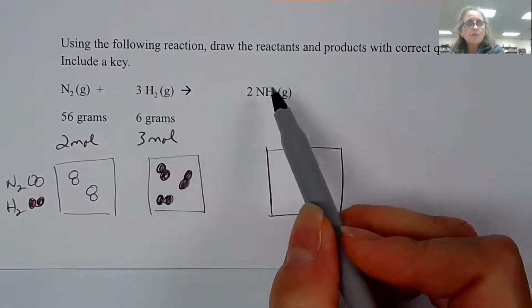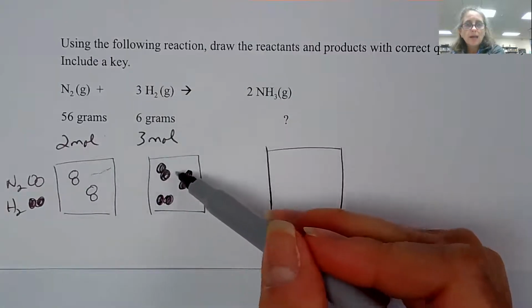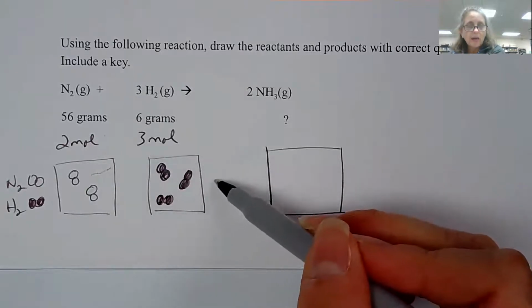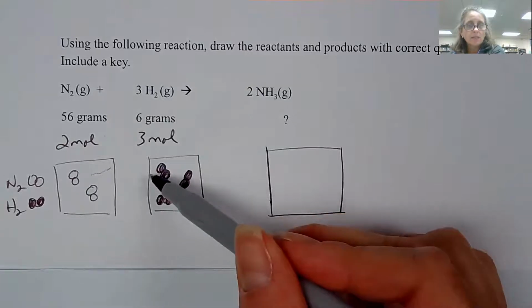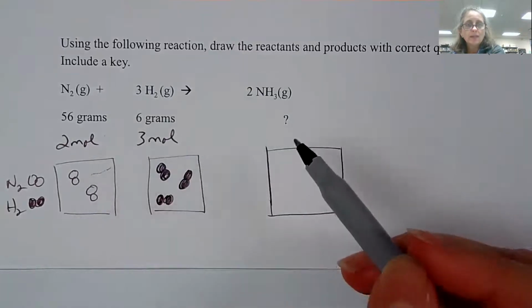Well, if I need 1 nitrogen and 3 hydrogens, okay, the hydrogens are really limiting me on how many ammonias I can make, because I have 6 of these circles here and I only have 4 of the nitrogens.